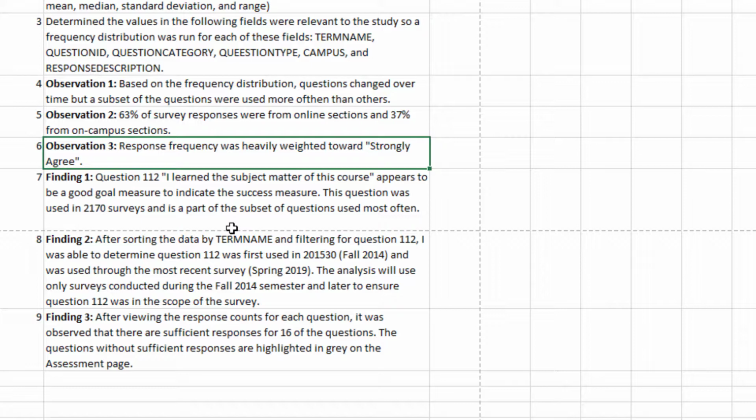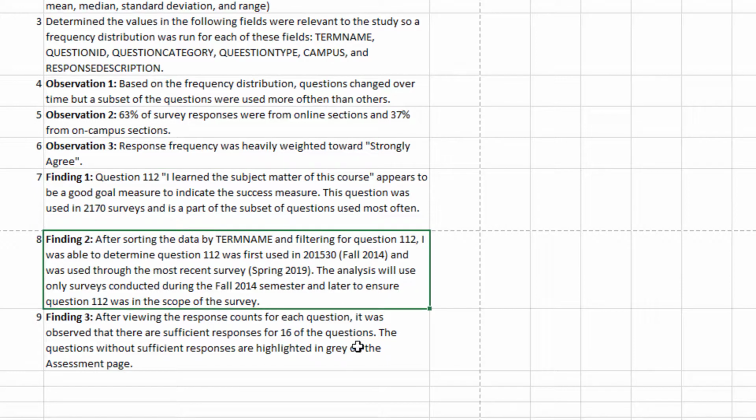Now, some decisions that I'm making when I conduct my analysis: I'm sticking with question 112, I learned the subject matter for this course, and that appears to be a good measure of success. So I want to look at all the different variables that would help us increase that score.